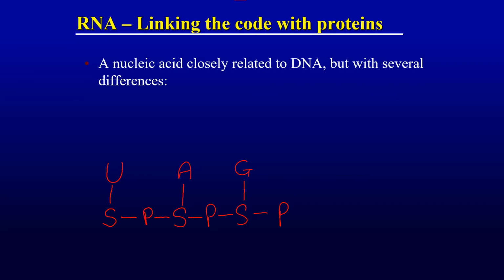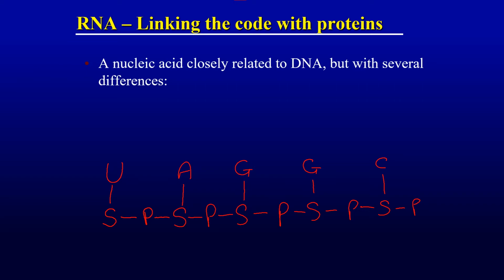And I'm going to add, just for kicks and giggles, another guanine. And then I'm going to add a cytosine. And I could keep going. It just depends how long the RNA molecule is, and they can be hundreds or thousands of nucleotides long.